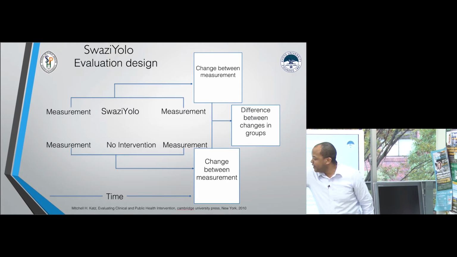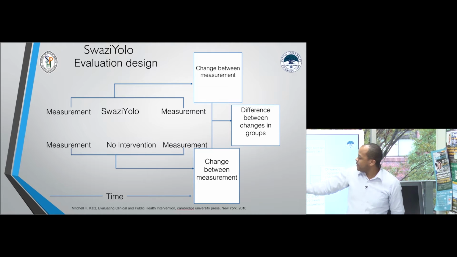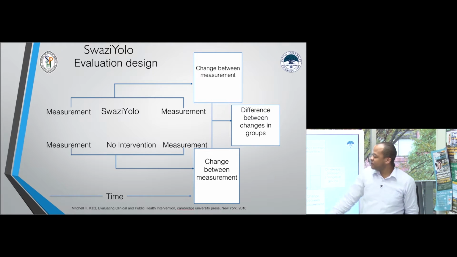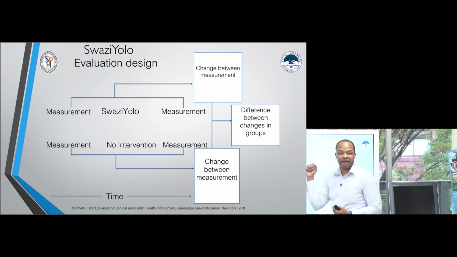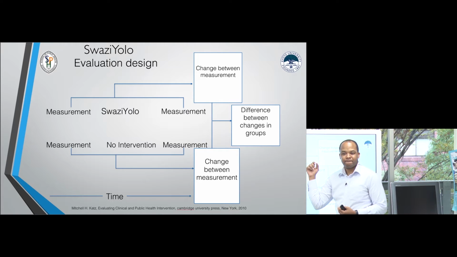So we have an intervention group and we have a control group. And then we'll expose them to the intervention. Then we'll measure at the end. So most interventions I'm seeing measure just before and after. And then they see an increase, it's effective, it works.